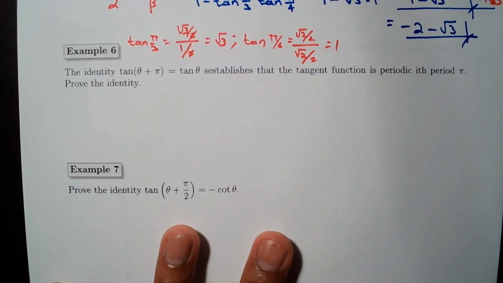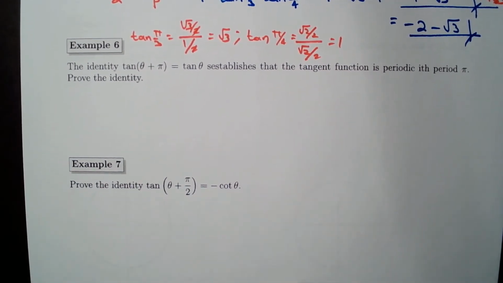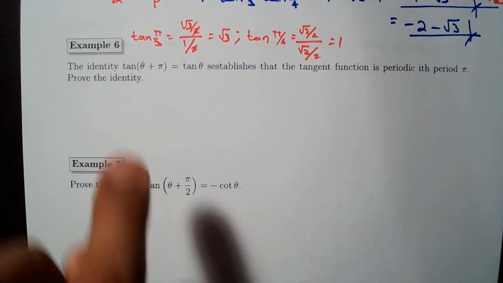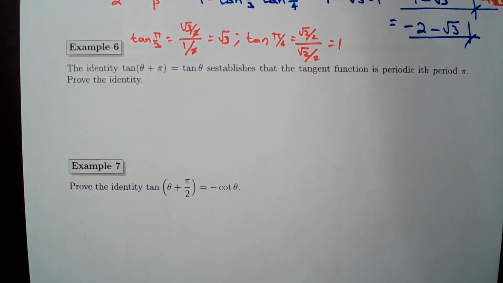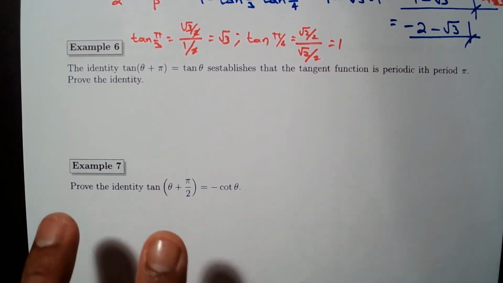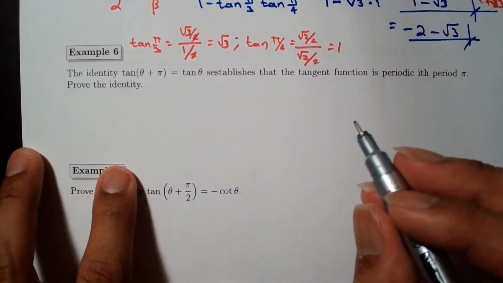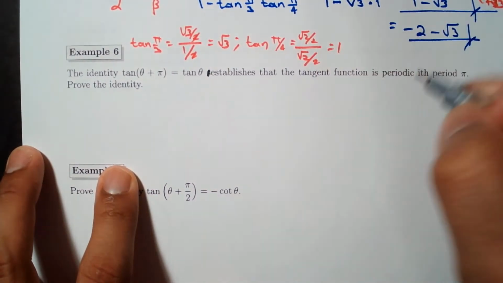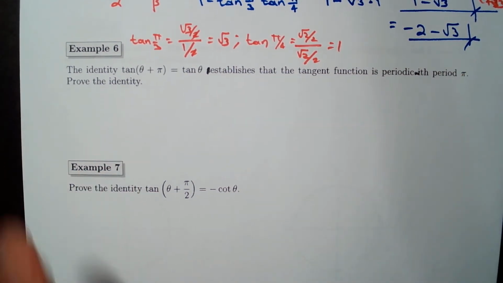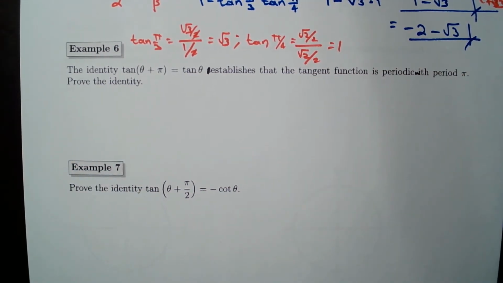For example number 6, the identity tangent of theta plus pi equals tangent theta establishes that the tangent function is periodic with period pi. Where are we getting this from?